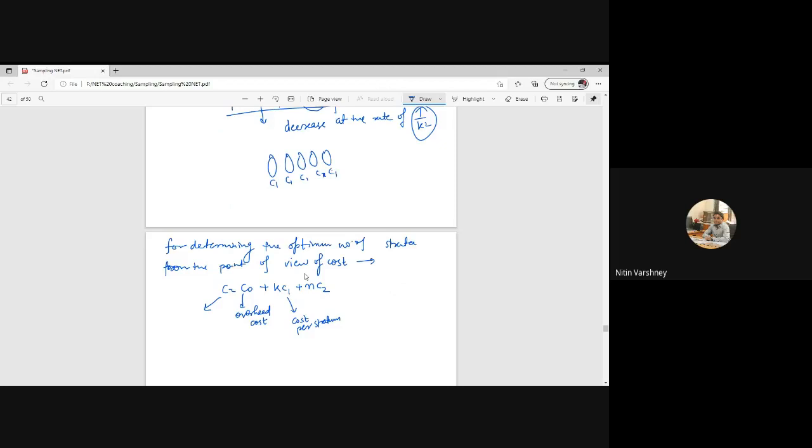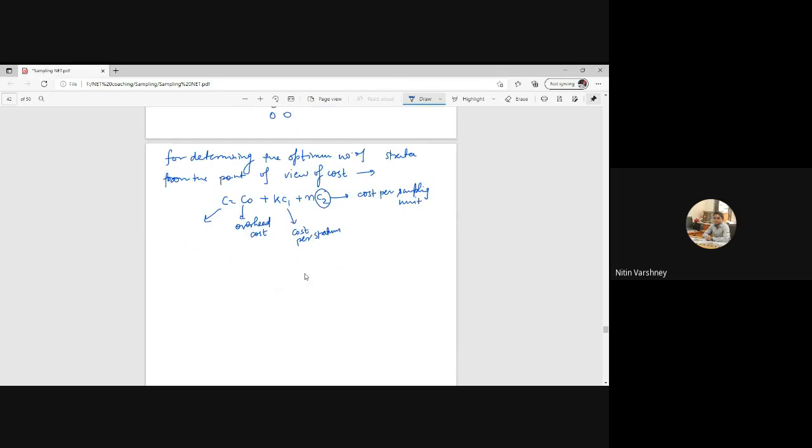And C2 is the cost per sampling unit. Sampling units will be there from which we will select the sample, so this is the cost to get that sampling unit.